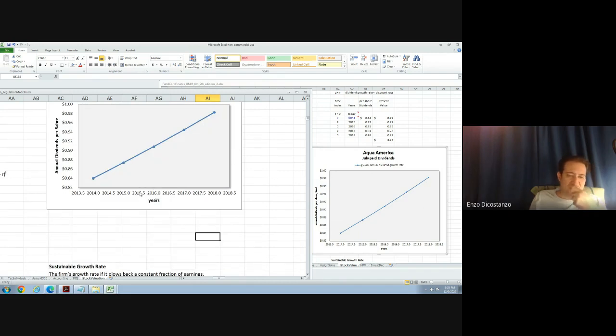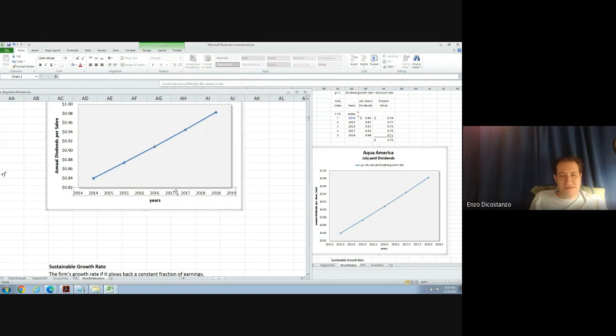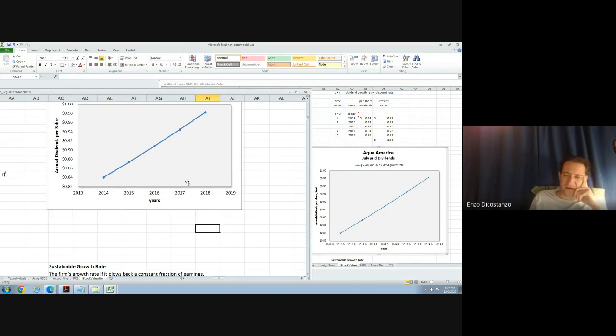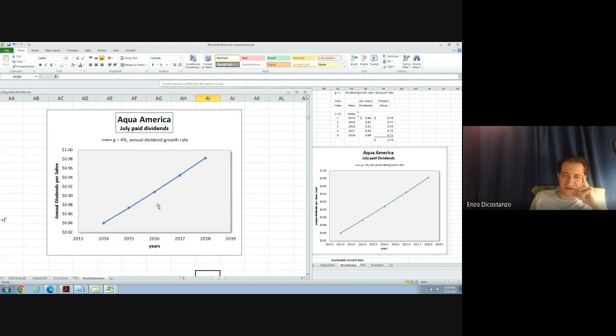In other words, if we change these back to no decimal place and made them bigger again, this might actually work better. Now this is consistent with this, where it says those are the mid-year, the July paid dividends. Okay. And folks, always keep saving your work as you go so you don't get lost.